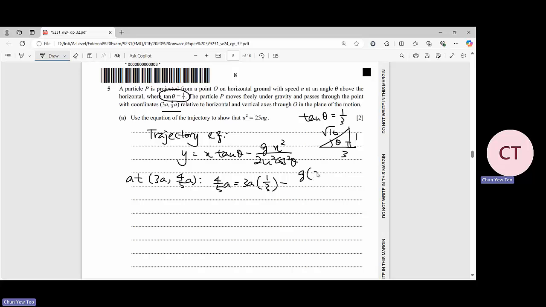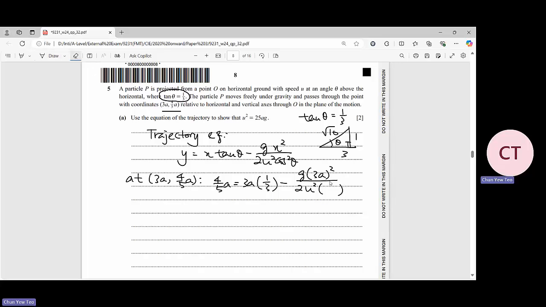x square is 3a square over 2u square over cos square, that means it's 3 over root 10 square.